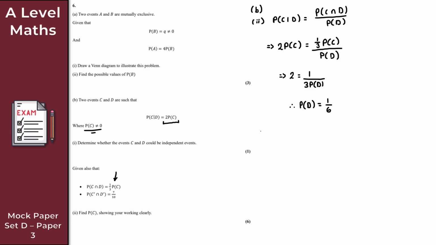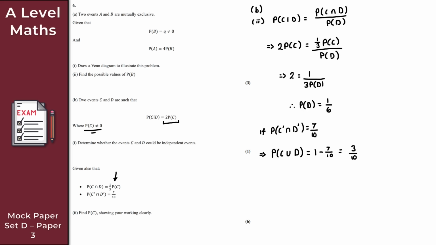So if the probability of not C intersection not D is equal to 7 over 10, then as we've just said here, the probability of C union D will be the complement. There we go. English is hard. It'll be the complement of this here. So that's going to be 1 minus 7 over 10, which is simply 3 over 10, right? Like so.